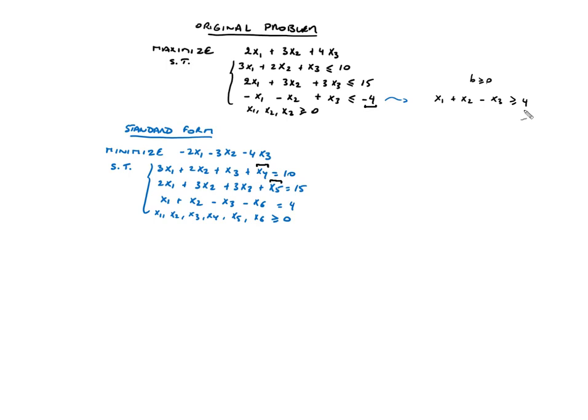In the last constraint, since it has now become larger or equal, we have to introduce a surplus variable x6 and x7, and we end up with the following problem in standard form.